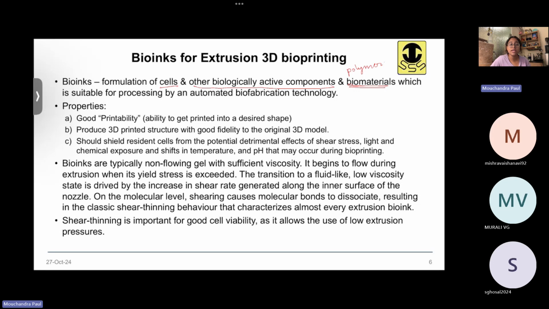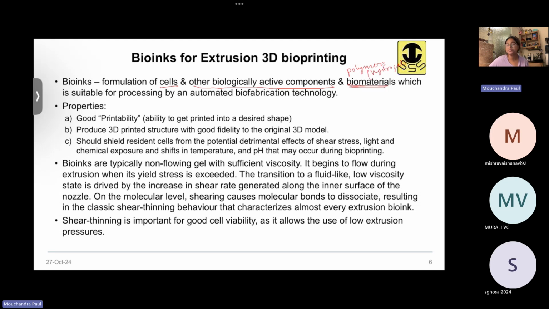Since the ultimate goal of 3D bioprinting is mimicking the in vivo tissue environment, we use hydrogels to provide cells with an aqueous environment that is already there in our body.